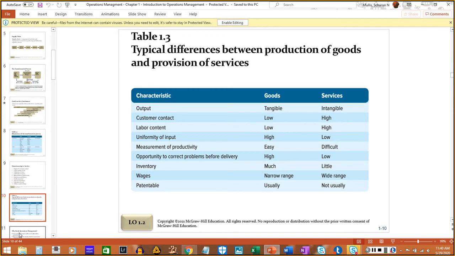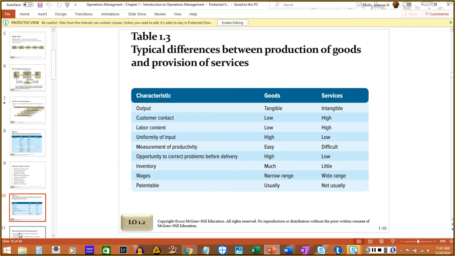If you're working at a hotel and you need to go above and beyond to satisfy that customer, then you're going to have to change what you're doing. So it's not going to be uniformity of input for hotels as it is for making a car.